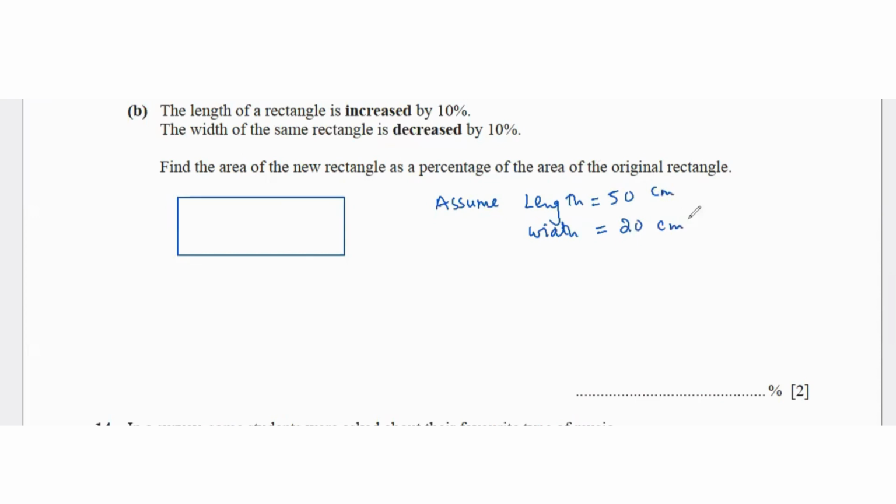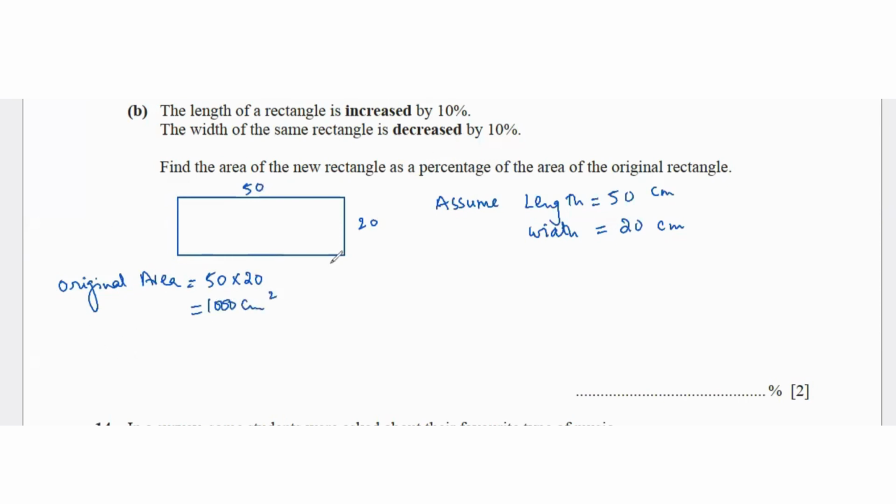I'm just going to assume these values and then solve this. So if this is 50 and this is 20, your original area is going to be 50 times 20, which is 1000 centimeters square.